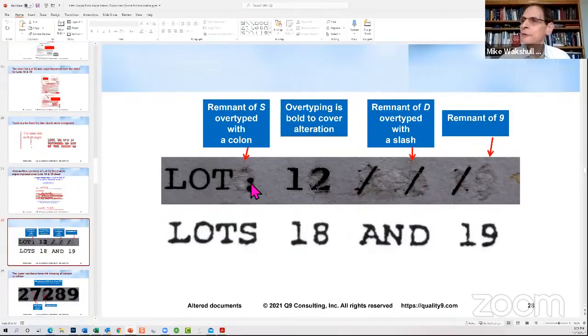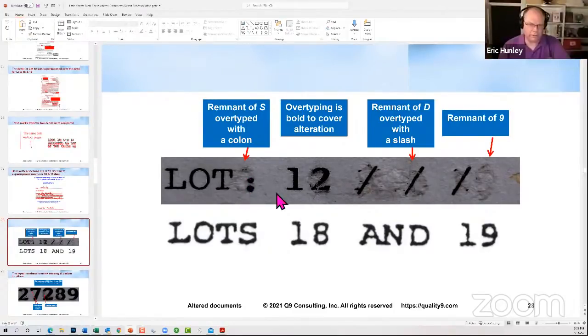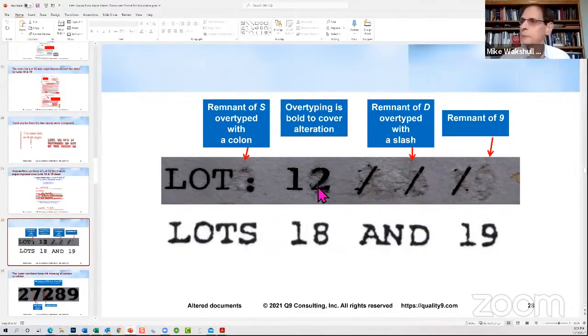You can see under the colon, there's a ghost of an S. Oh, wow. Yeah. You can see the 2, there's missing ink on the 2. And you can see the ghost of the AND and the ghost of the 19 under here. Wow.